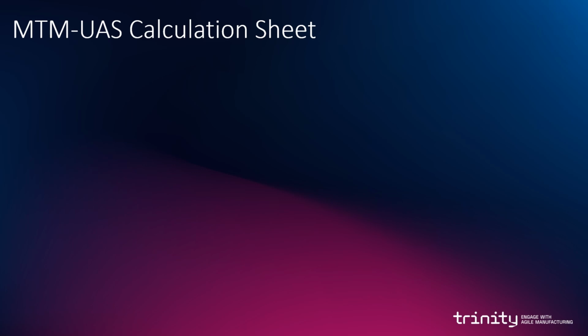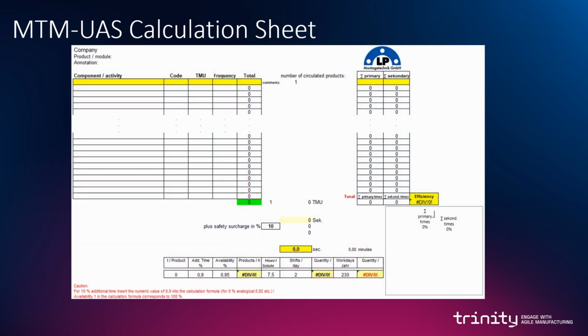Or computer-aided procedures like TiCon 4, which is available at the MTM Association, or the MTM UAS calculation sheet, including primary and secondary analysis, developed by my company LP-Montagetechnik based on an Excel calculation sheet. For the MTM analysis of our demonstrator, we used our own developed calculation sheet, which I would like to explain using the selected analysis example.